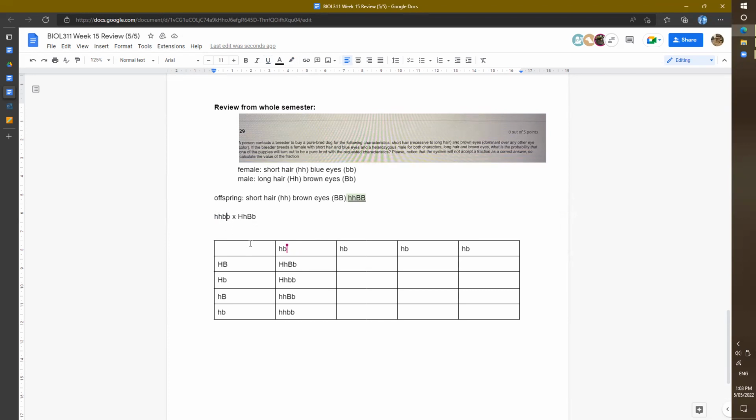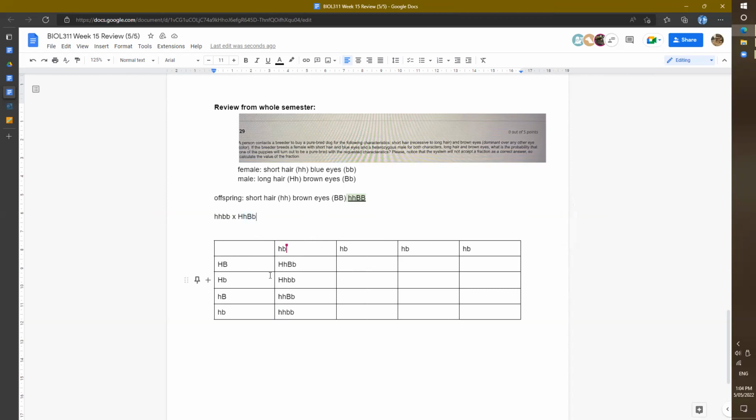And so all of their possible gametes are little h little b, little h little b. Then we look at the male and see that little h can go with big B or with little b, and big H with big B, big H with little b, and the same with the little h and the big B or little b. And then we cross those.